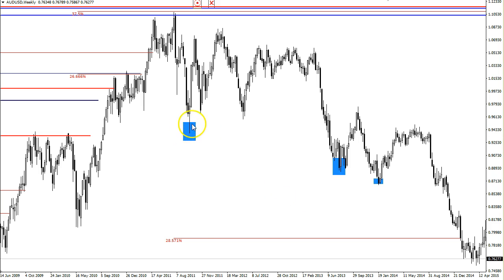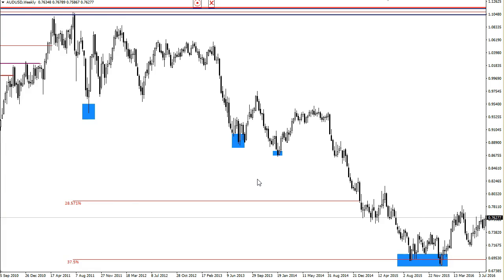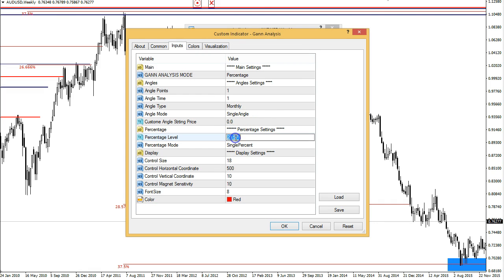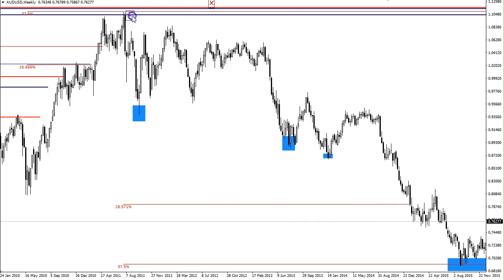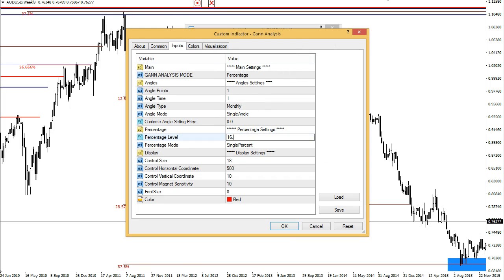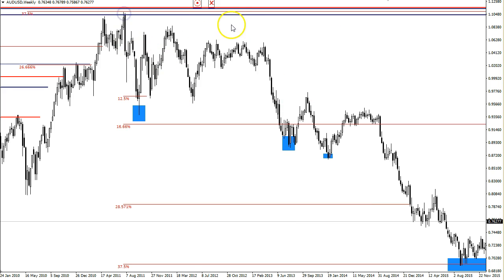I need to understand here at what percentage we stop, so we can have a confluence level here in the future. We'll start with 12.5, which was broken. You have 16.66, and we did not reach 16.66.